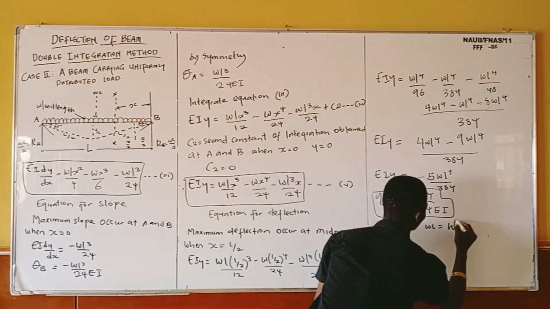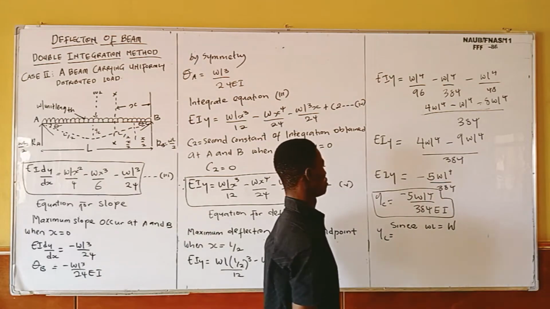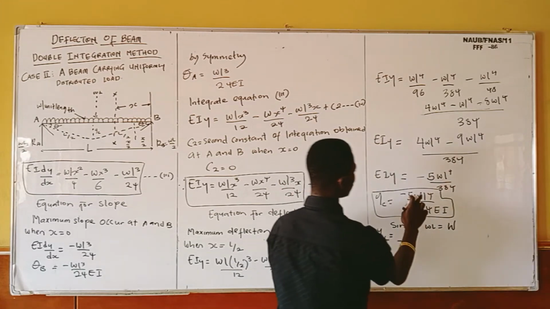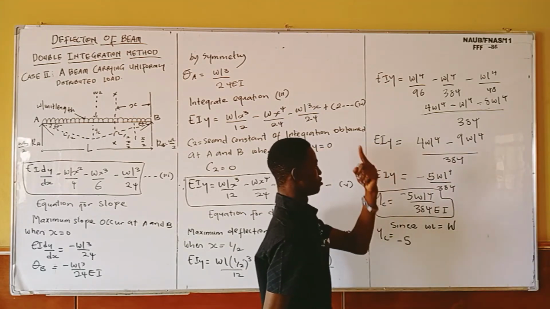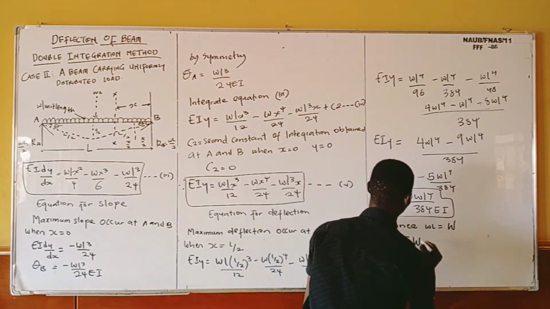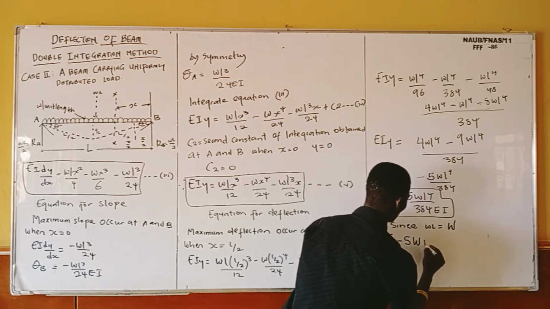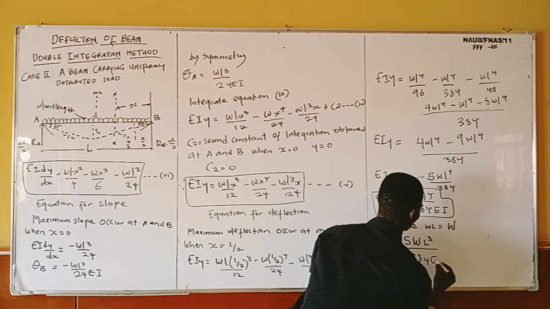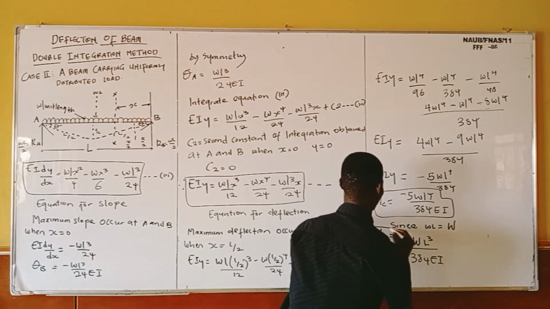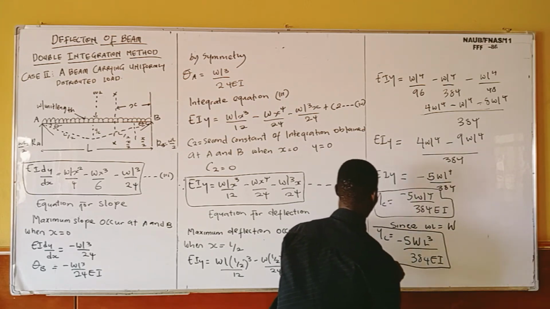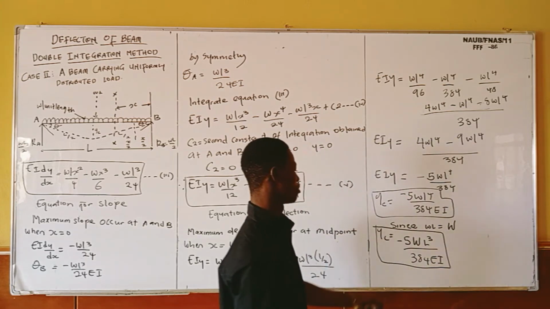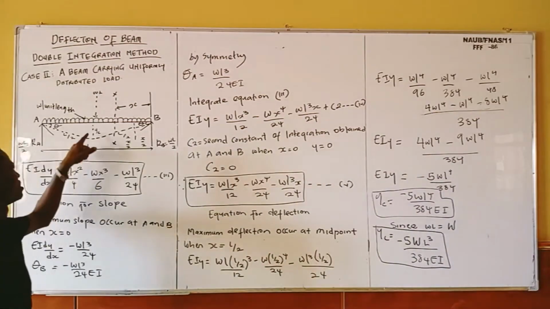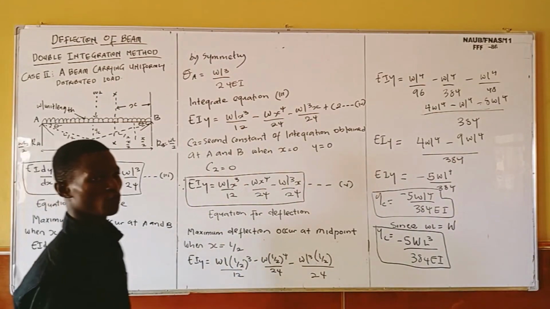Since WL equals capital W, our y is minus 5WL³ over 384EI. This is the equation to calculate the maximum deflection, which occurs at this point.